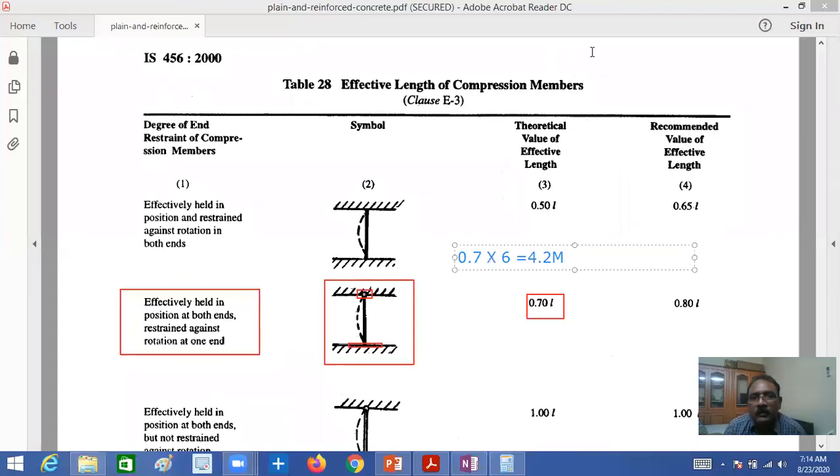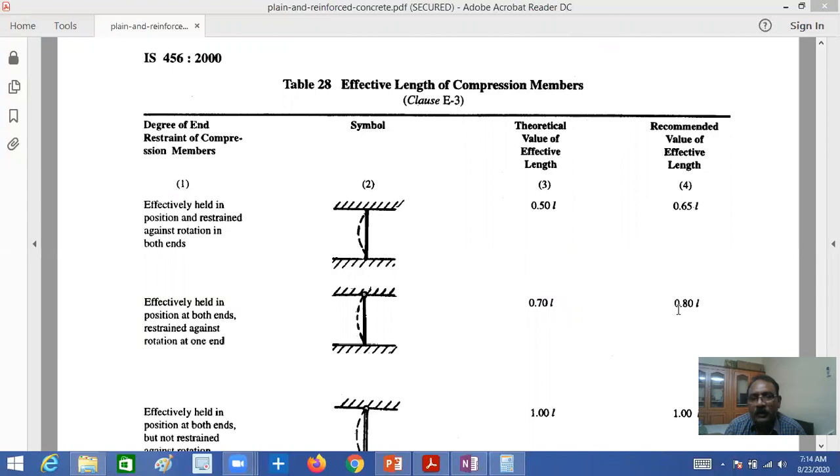But you have to consider the recommended value. The recommended value is 0.8 L. Say 6 meters is the unsupported length, 0.8 into 6 is equal to 4.8 meters. So this is the difference between restraint against rotation at both ends and at one end only. If one end is not restrained, you will get 4.8 meters.